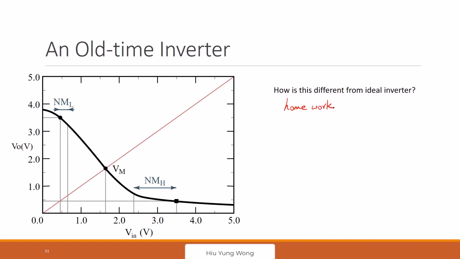It just reinforces the understanding of what VM is, even though the curve is so ugly. What is VM? What is noise margin? What is NMH? And what is the VOH? This is VOH, VIH, sorry, and then VOL. So try to play with that. I won't spend time here. Okay.